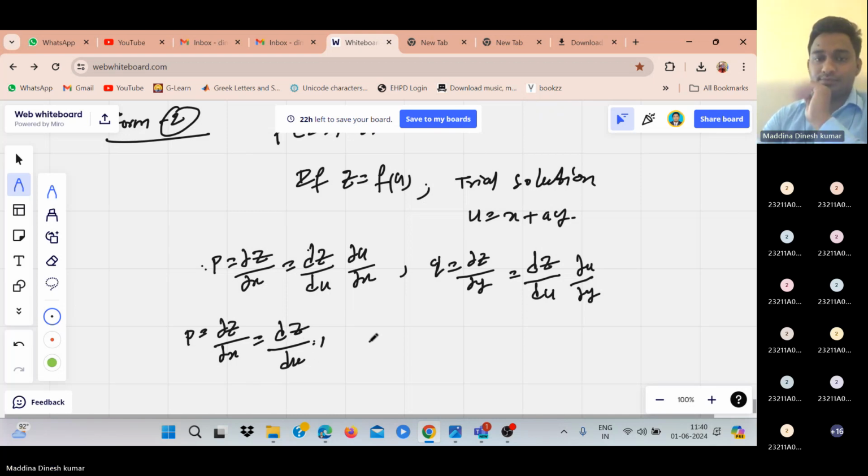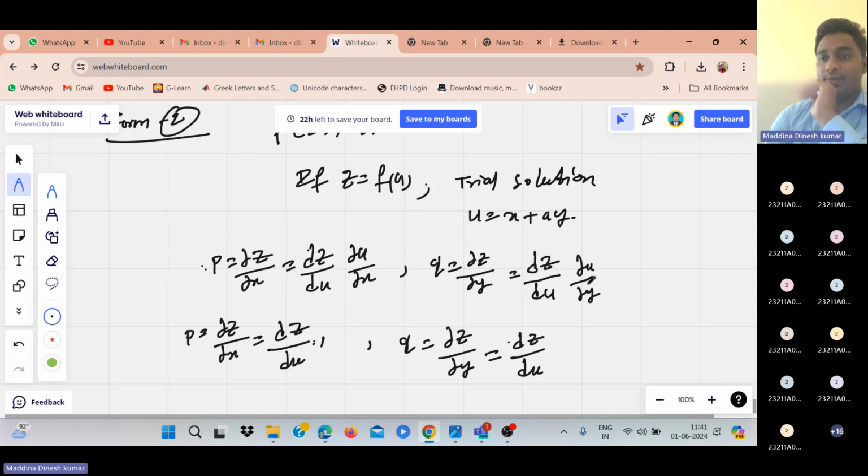And q equal to dou z by dou y equals dz by du times dou u by dou y. Dou u by dou y means here we have to differentiate u: x will become 0, y will become 1, a remains. That means dou u by dou y gives a, and I am writing that a here.